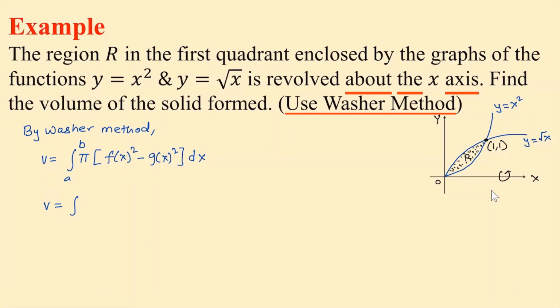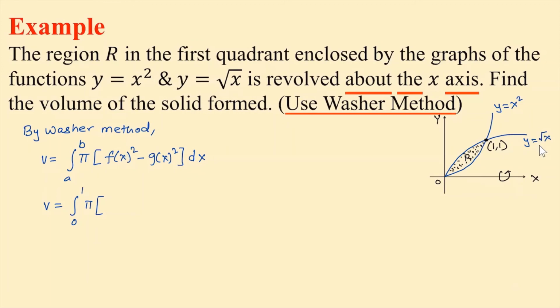So we are integrating from 0 to 1, pi multiplied by f of x squared, the function which is far from the x-axis. Over here, this is the nearest function. This one is the function which is far from the x-axis. So that is y equals square root of x, and we are squaring it.